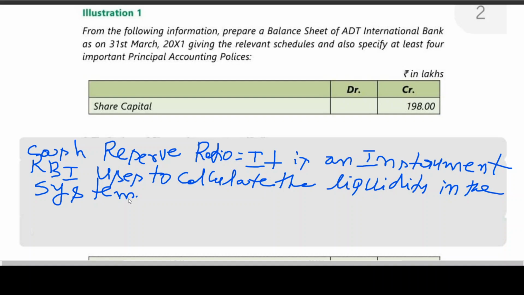The current cash reserve is 4% of net demand and time liabilities. At present, CRR is 4% of, in simple words, deposits.